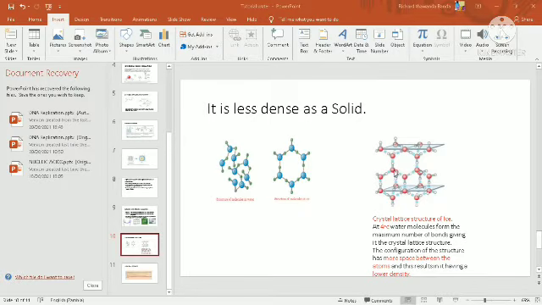So you have one water molecule interacting with 1, 2, 3, 4. Let's see if we can see a clear one. So we have, say, this one here. It's interacting with this water molecule here, this water molecule there, this water molecule there, and this one here, forming a maximum of 4 bonds.